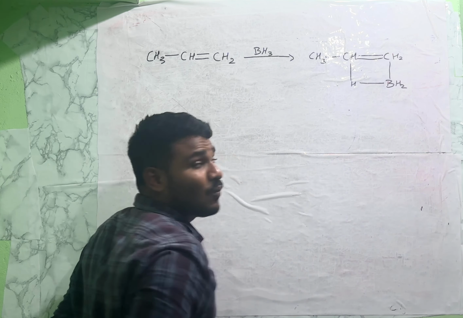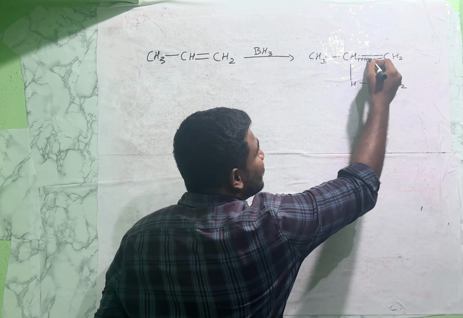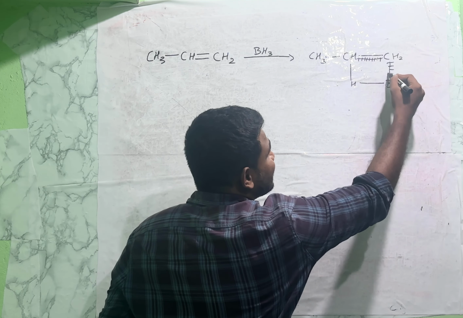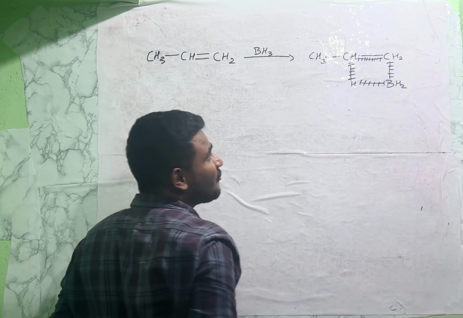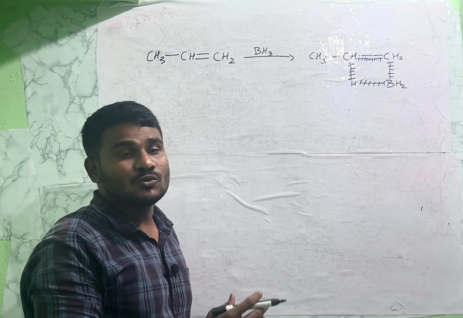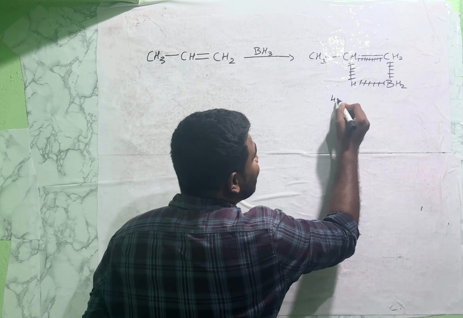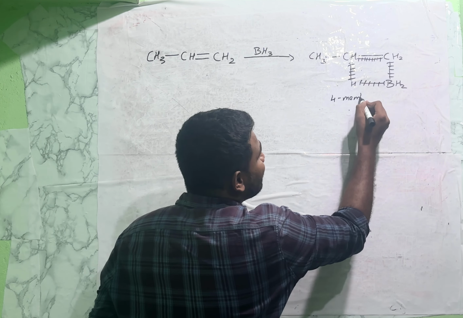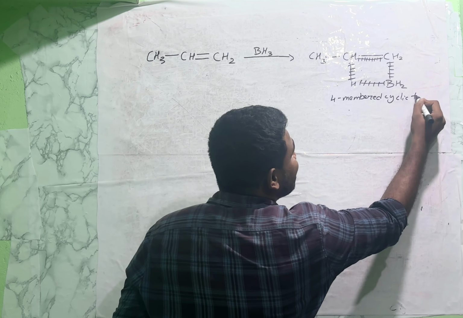If you see here, what I am doing right now is making all these bonds dashes. That is, this addition of BH3 is going through a cyclic transition state, a 4-membered cyclic transition state.